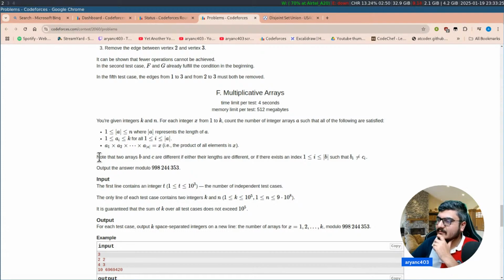And now we have to count the number of different arrays for each x from 1 to k. So this was the problem statement we had.